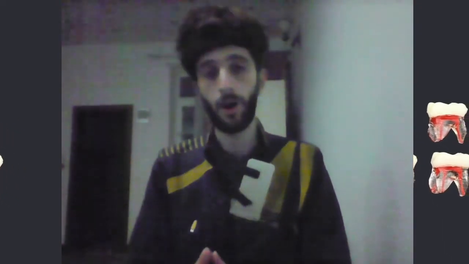This one is direct pulp capping, therefore we should prepare it for the direct pulp capping. As we mentioned before, 1 month of temporary restoration.